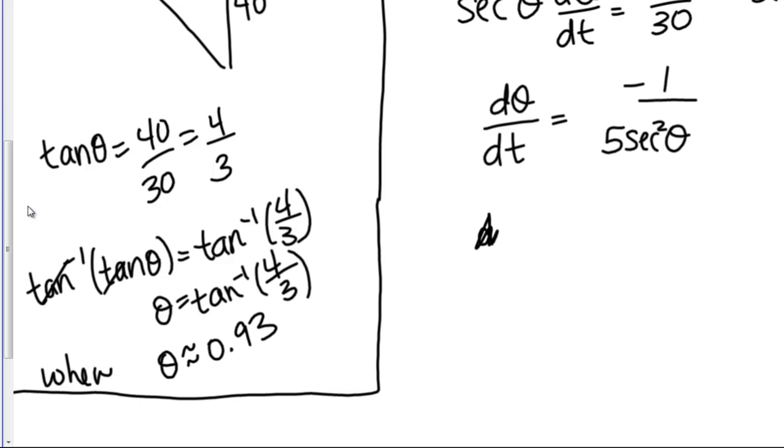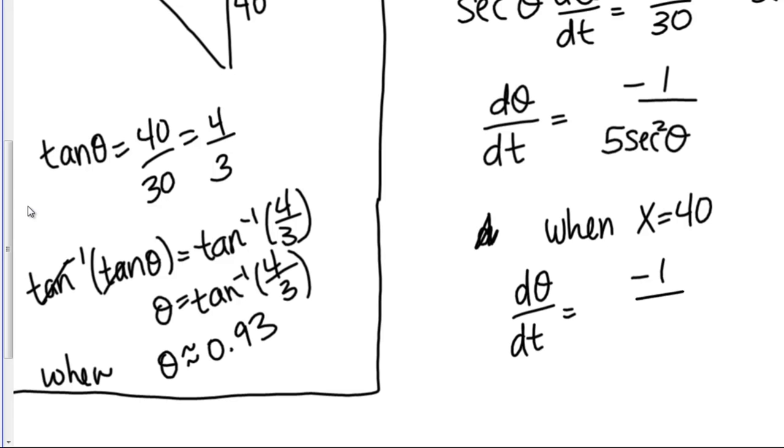So when x equals 40, d theta dt equals -1/5 secant squared of this 0.93. And if you plug that into your calculator, you get approximately, let me verify this value for us.